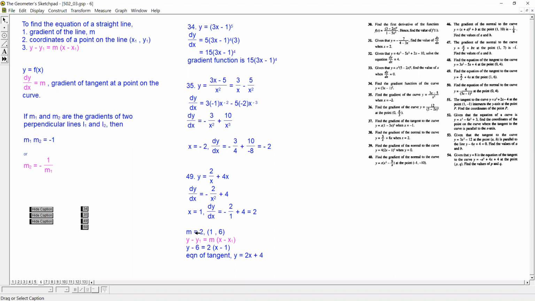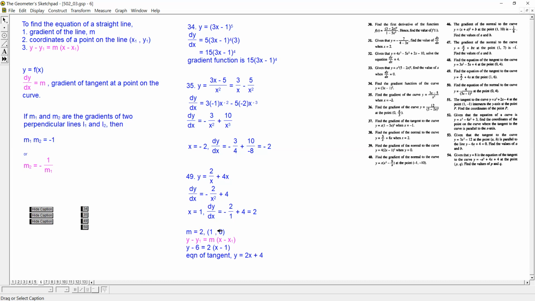So quickly I write down m equals 2. I know the gradient of tangent. Okay, I need one more thing to find the equation of the straight line. That one more thing is the pair of coordinates, which is (1, 6). So m is 2, coordinate (1, 6).